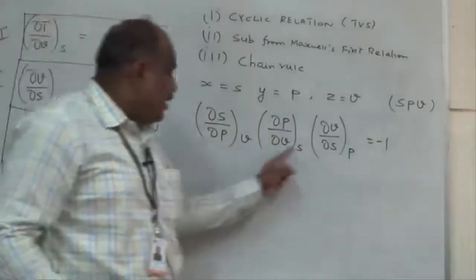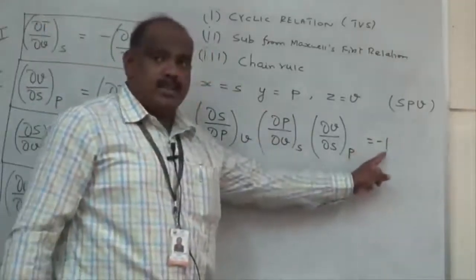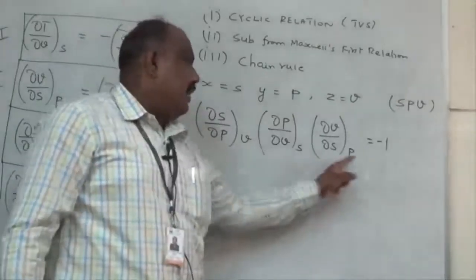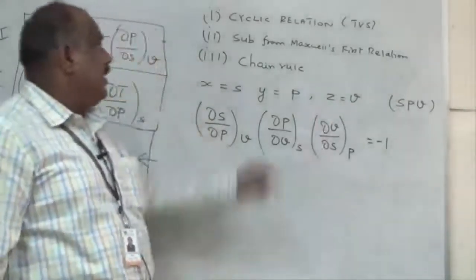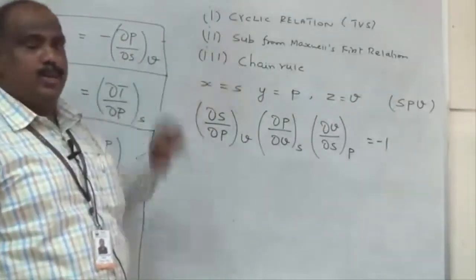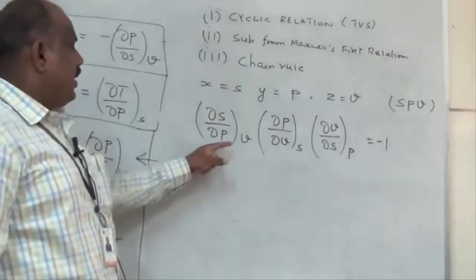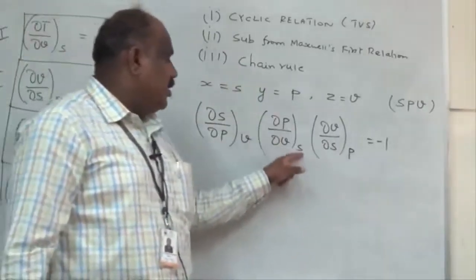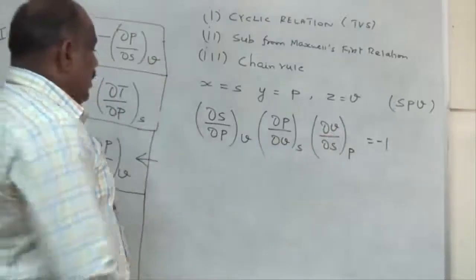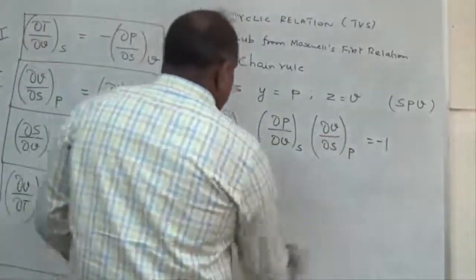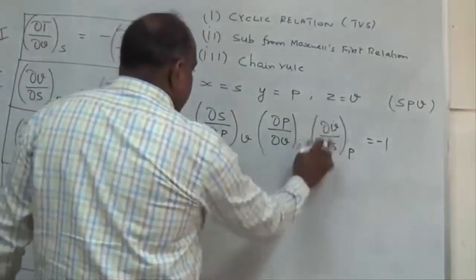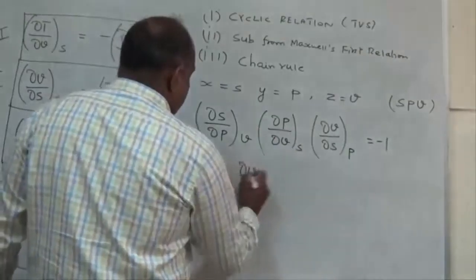Now these variables are varying, which means here I will end up with -1. If these variables are the same, I will end up with +1. That is the only difference between the cyclic relation and the chain rule. So ∂S/∂P at constant volume, ∂P/∂V at constant entropy, like this. Now I will maintain ∂V/∂S alone here.